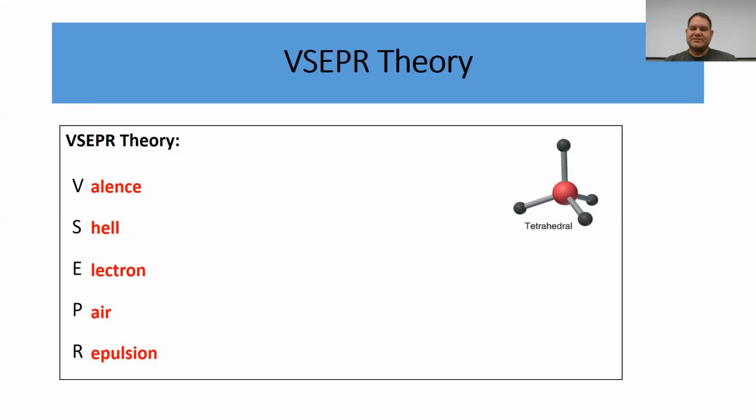As the name implies, we are going to be looking at the repulsion of the bonding electrons in the valence shell, or in other words, pairs of electrons in the valence shell and how they are going to be repelling one another.